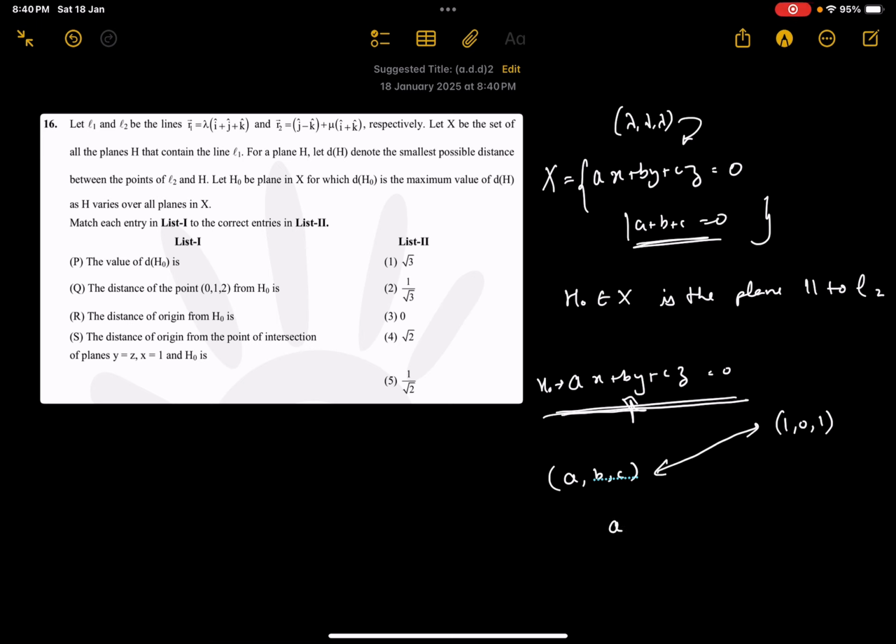That gives us a into 1 plus b into 0, that's 0, plus c into 1 is 0. So we have the equation of H0: a plus c is 0, that gives us b is 0. For H0, b is 0.